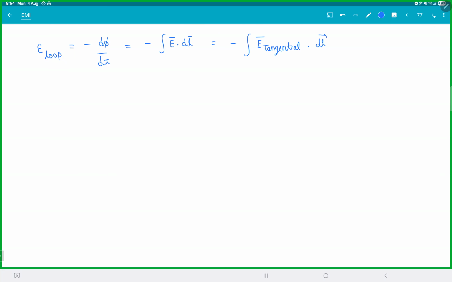That is the reason we took a cylindrical shape. You can prove that only E tangential exists. So this is your final formula. Whenever you want to find an electric field, this is a tangential field. Integral E tangential dot dl bar is given by d phi by dt.